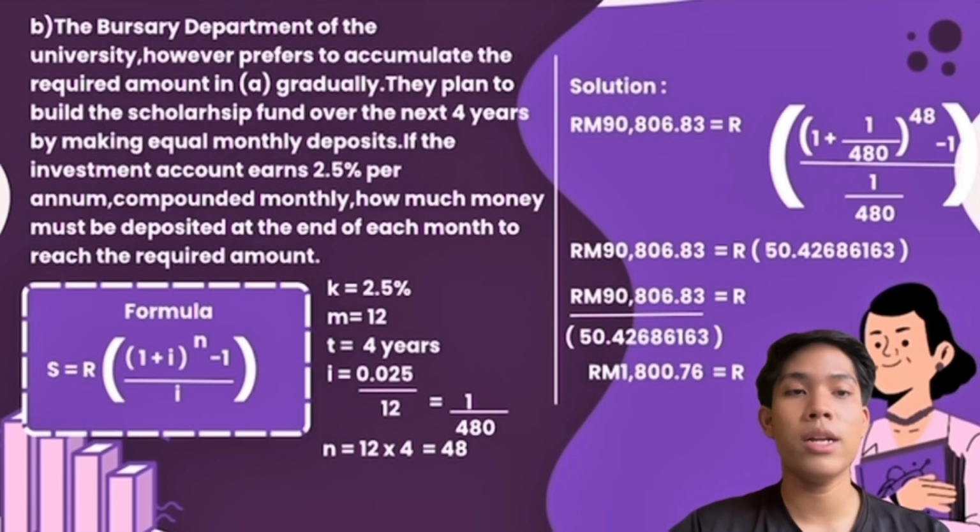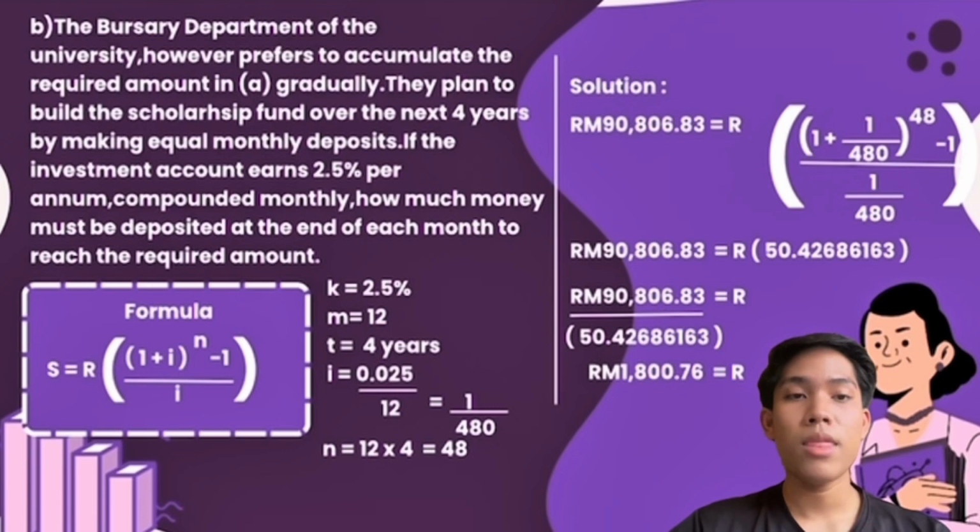RM90,806.83 equals R times (1 plus 1 over 480) to the power of 48, minus 1, over 1 over 480. And then calculate the amount in the bracket. You will get 50.42686163.